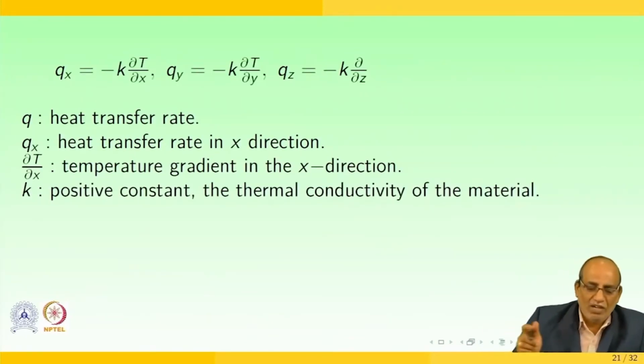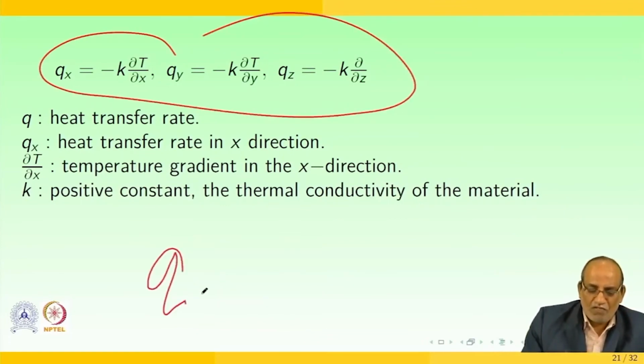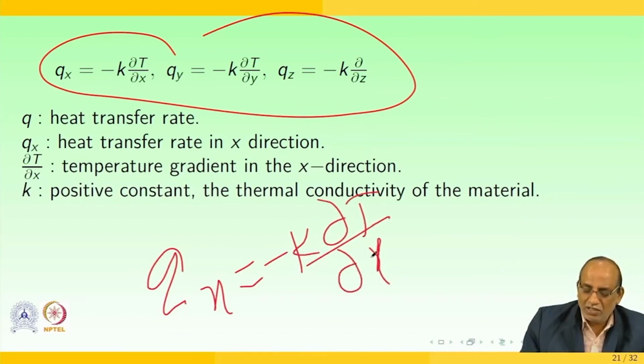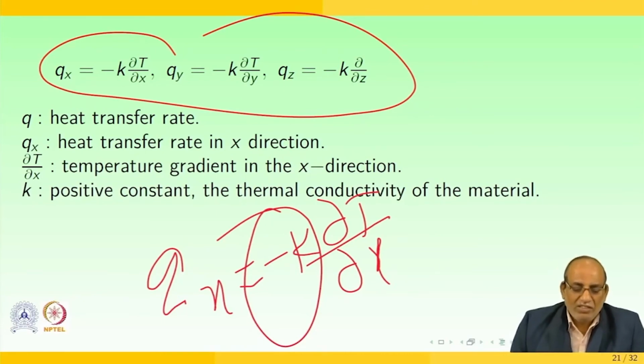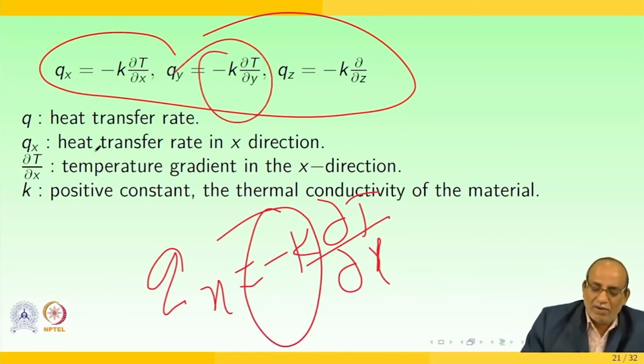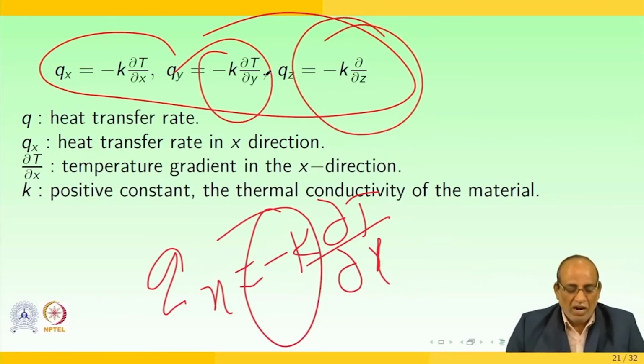If you look here, this is Fourier's law: Qx is equal to minus k times dT by dx. Here k is the conduction constant. Similarly, in the y direction, minus k times ∂T/∂y. Similarly, in the z direction.